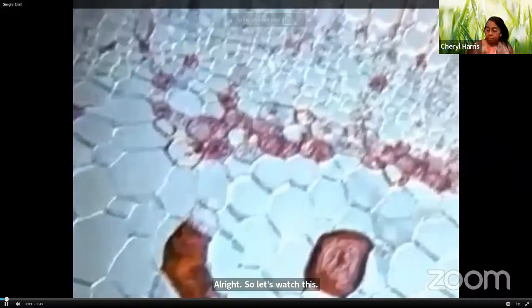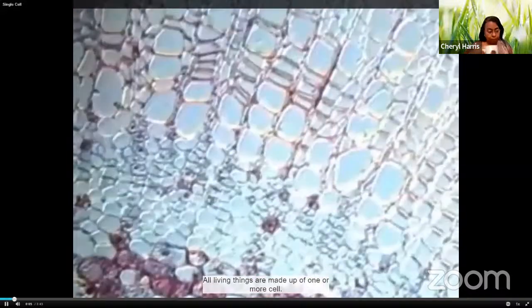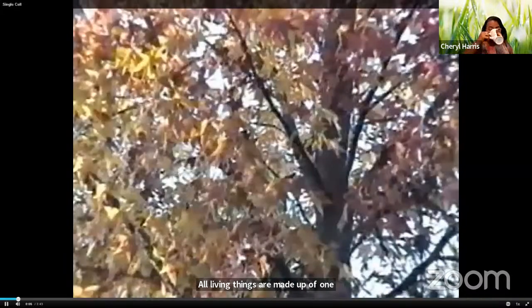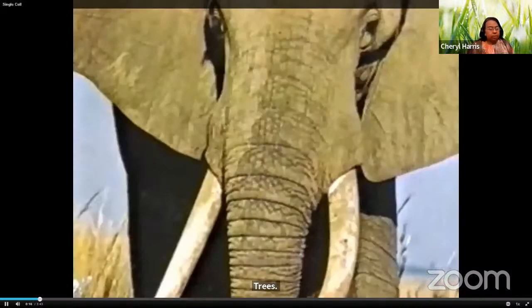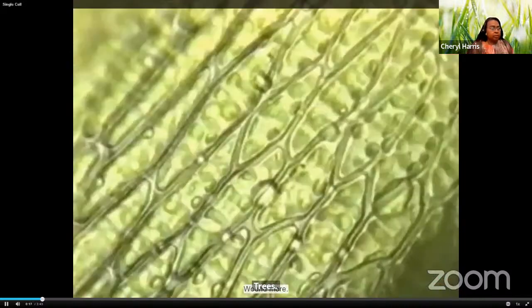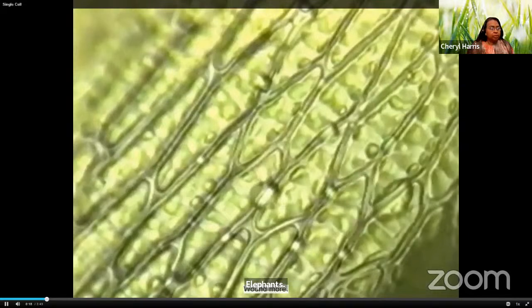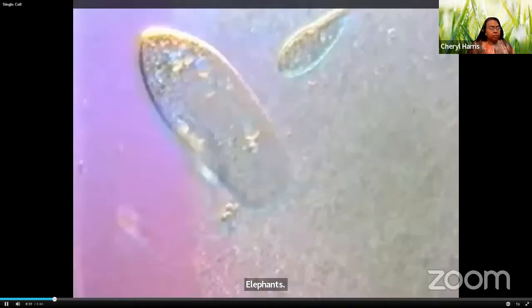All living things are made up of one or more cells. Trees, elephants, moss, a paramecium. Sometimes a cell is the organism.